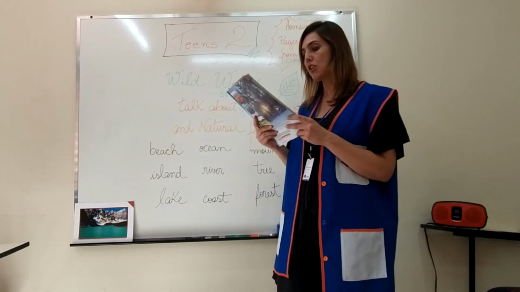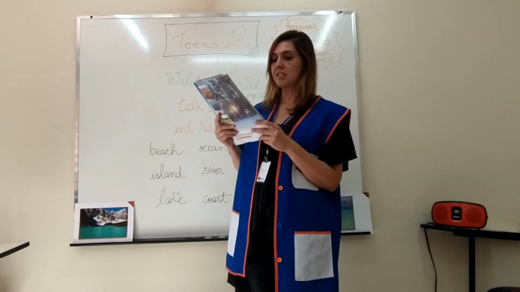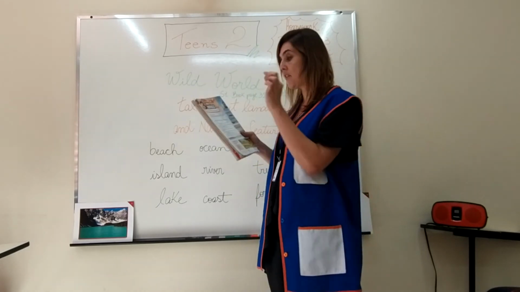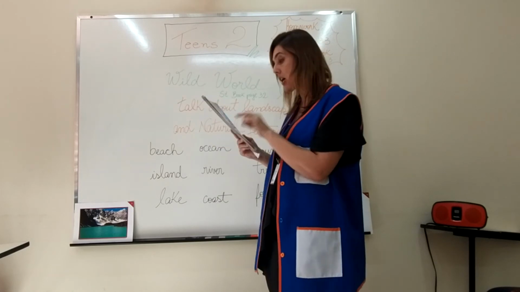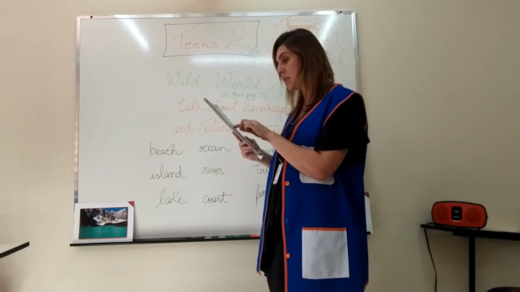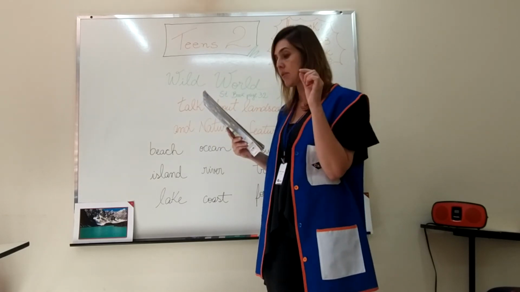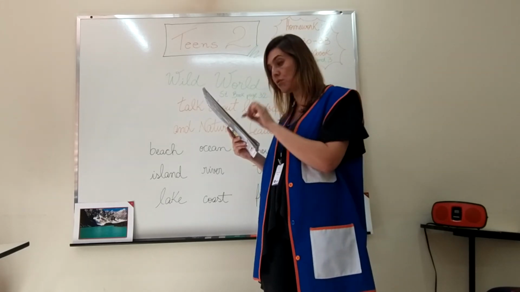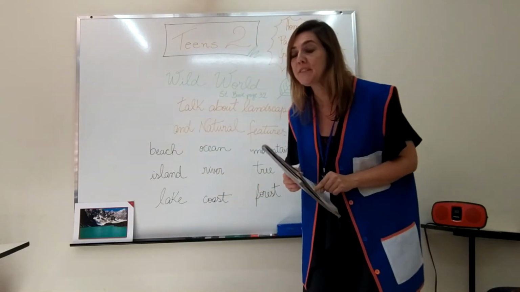Now, number 4, read the clues and write the names of the places from exercise 3. So now you're going to get some names. Taiga, 90-mile beach, Sahara, Serengeti, crater, Antarctica, and you're going to fulfill exercise 4. Can you try?